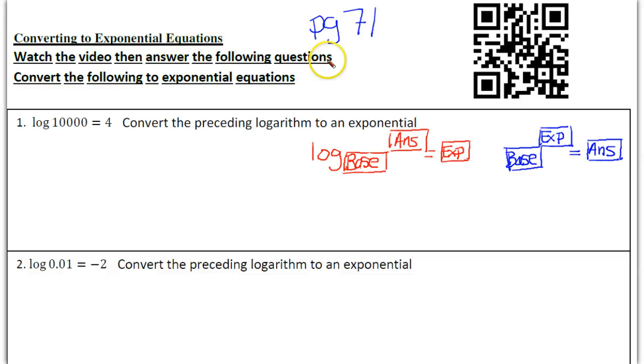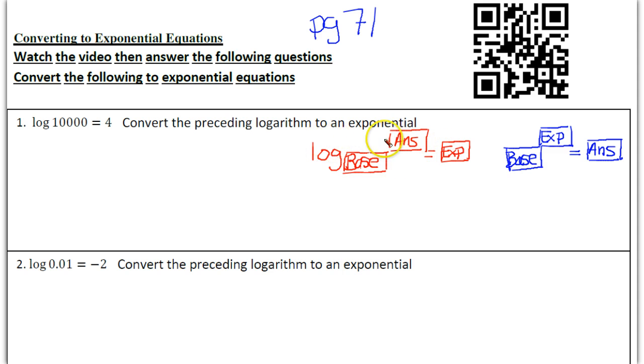Continuing in our booklet, we're going to do page 71 now, and it's to convert from logarithmic form to exponential form. Now, in our class lesson, we should have given you something like this, and this probably will be useful. So if you would, copy this down into your booklet here.